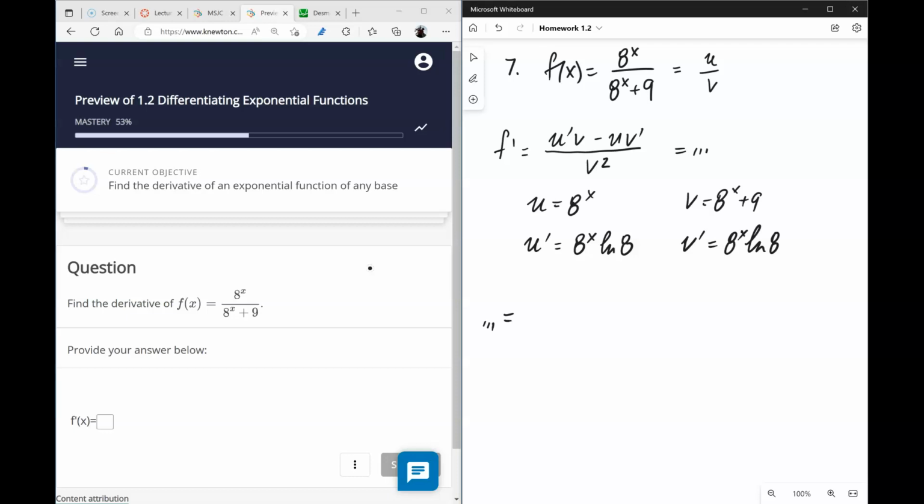U prime is 8^x ln 8 times v minus 8^x times v prime, all that divided by v squared.